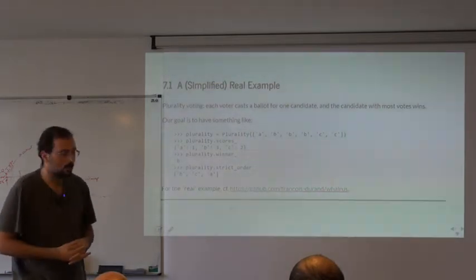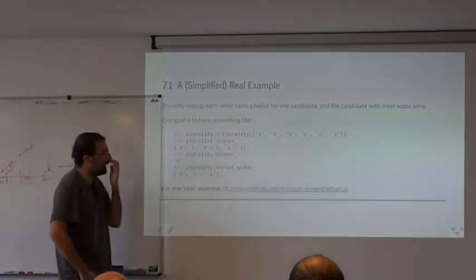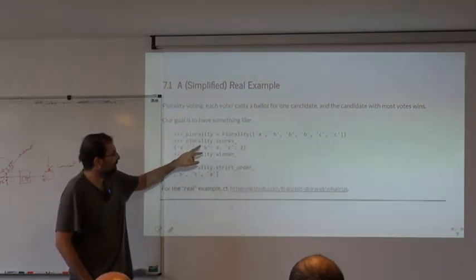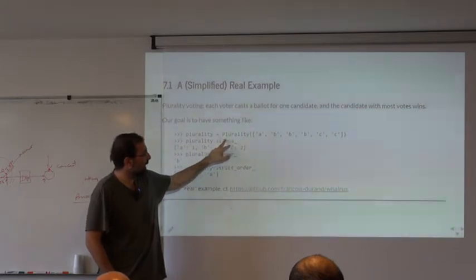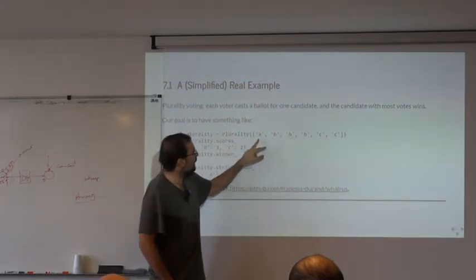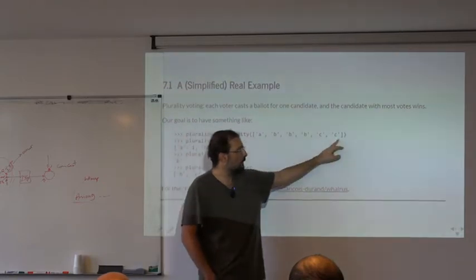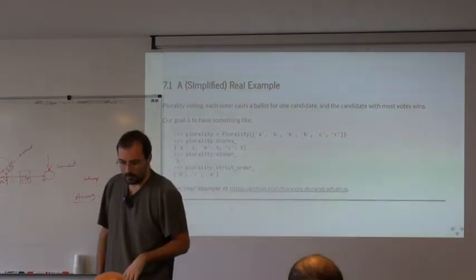So what we would like to have is something like, I define my election like this, so that I have 1 person voting for A, 3 people voting for B, and 2 people voting for C, for example.